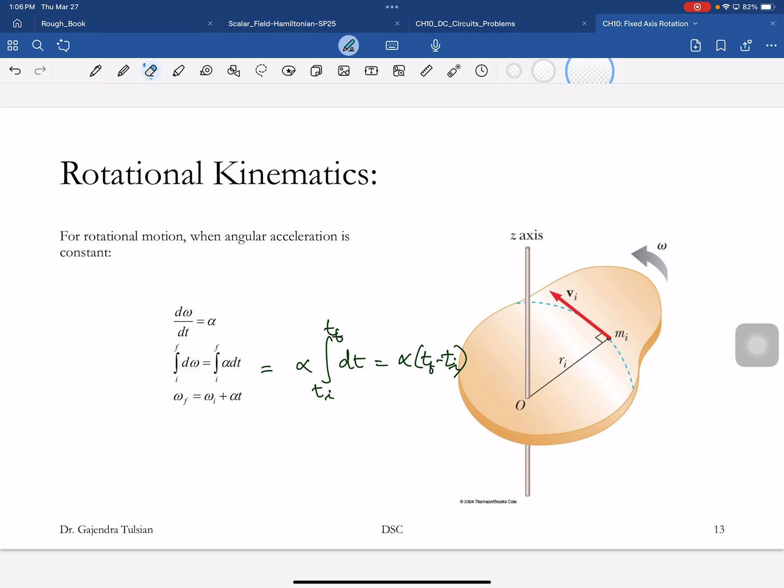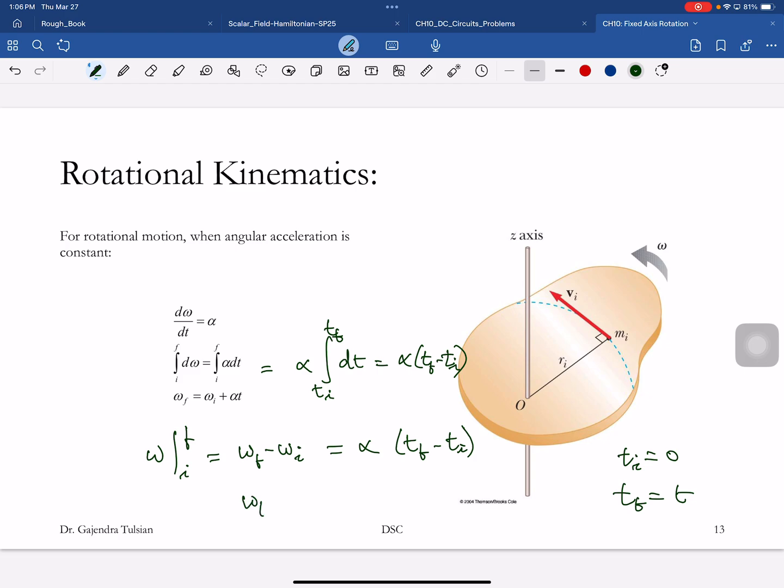On the other side, integrating from omega initial to final gives omega final minus omega initial, equal to alpha times t final minus t initial. We'll call t initial 0, and label t final as t. So omega final minus omega initial equals alpha times t, and omega final equals omega initial plus alpha times t. In this derivation, remember we assumed alpha was constant, so we could pull it out.